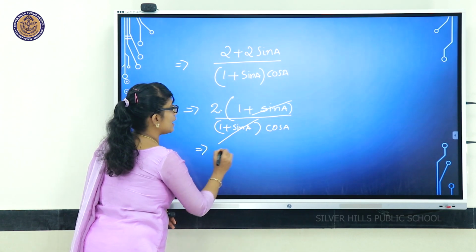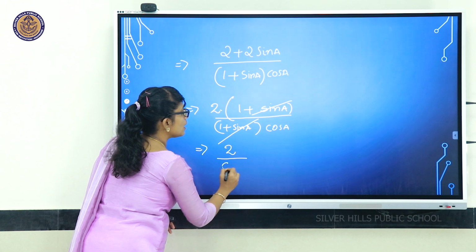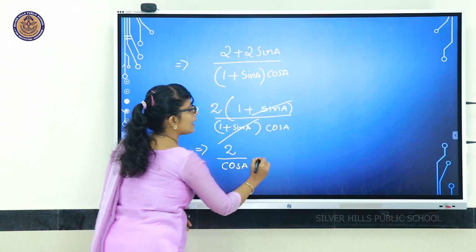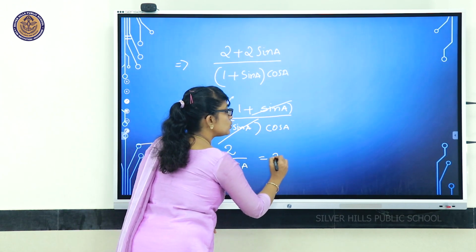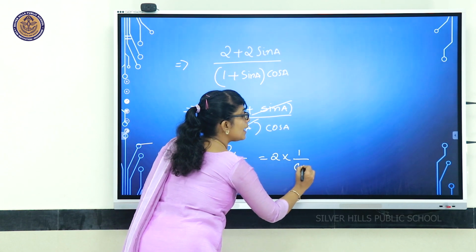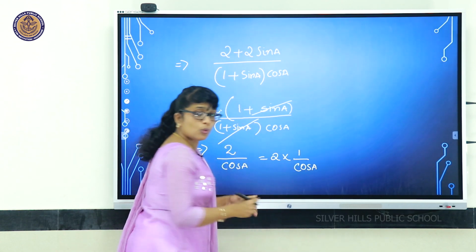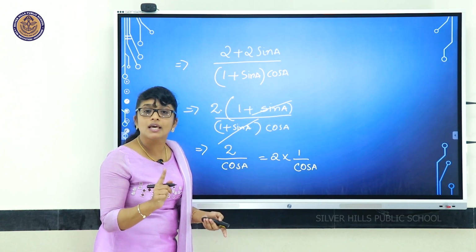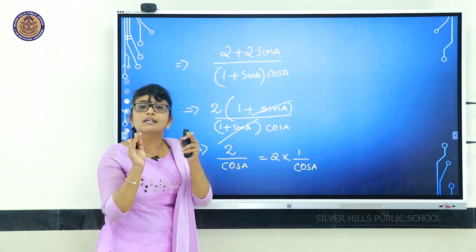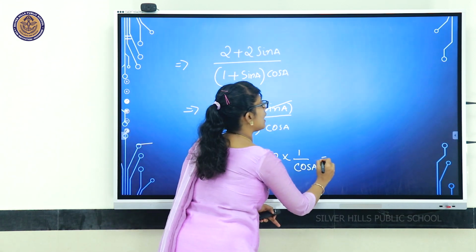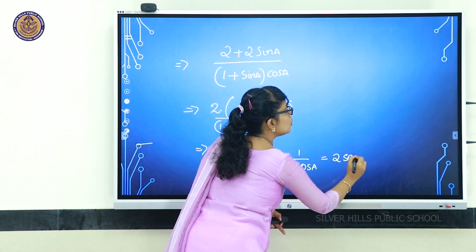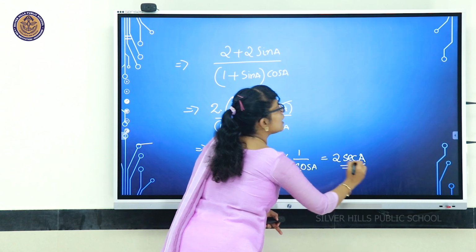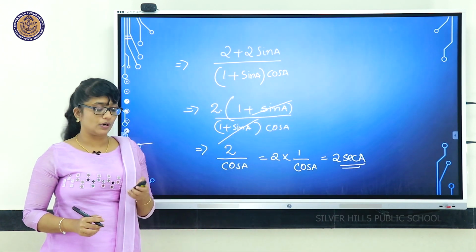Then remaining 2 by cos A. 2 by cos A is equal to 2 into 1 by cos A. What is 1 by cos A? That we studied. 1 by cos A equal to sec A. So, we can write 2 into sec A. Now we proved.